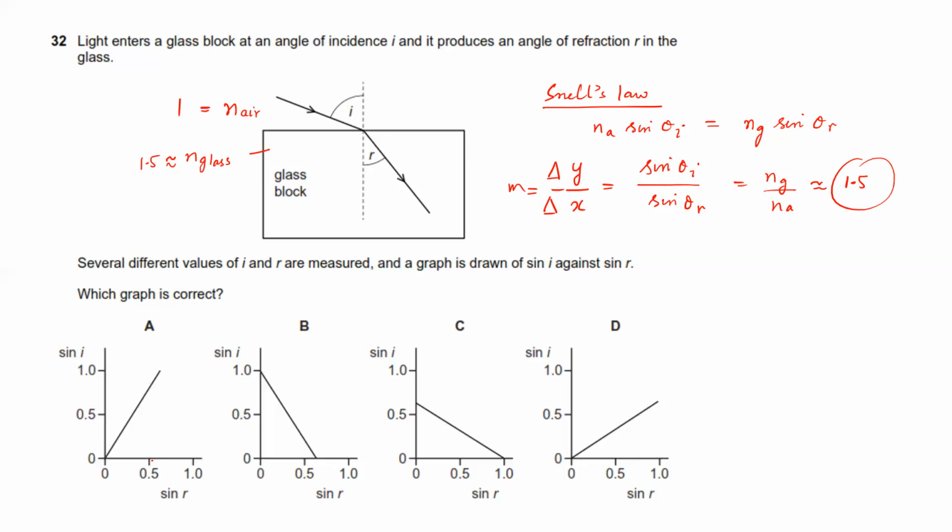In the first graph, the x-axis is sine R and the y-axis is sine I, and all the graphs are the same in this respect. Here the value is 0.5 and the corresponding value is say 0.75. So the slope is 0.75 divided by 0.5, which comes out to be 1.5. This is something I'm looking for.